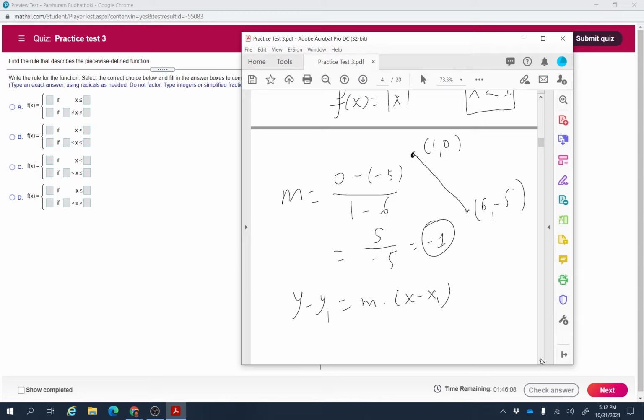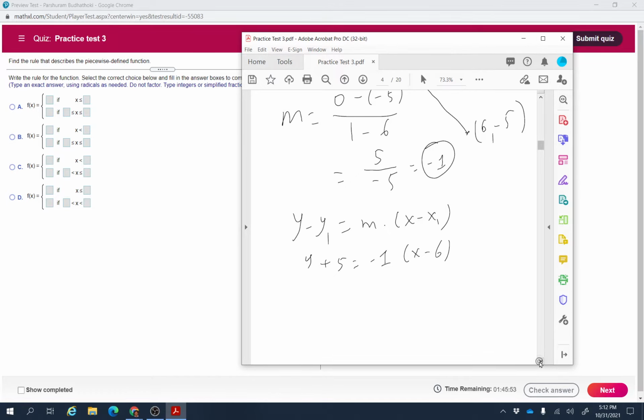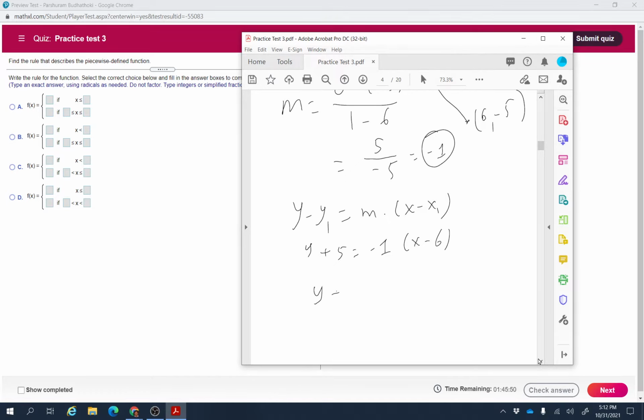which is, with y1 and x1, y plus 5 equal -1 times x minus x1, which is 6. If you simplify this, it will be y plus 5 equal -x plus 6. Just subtract 5 from both sides.